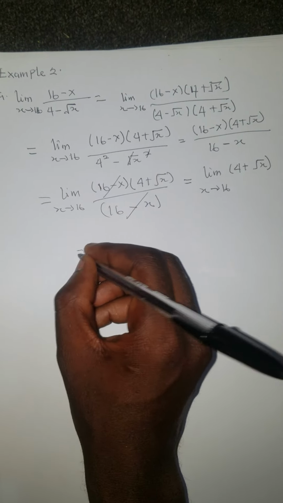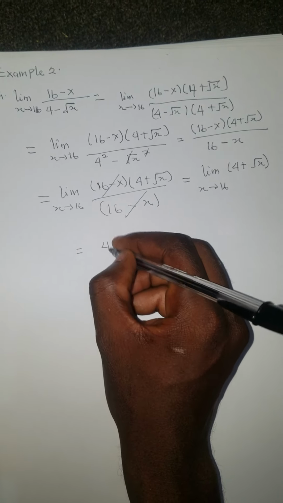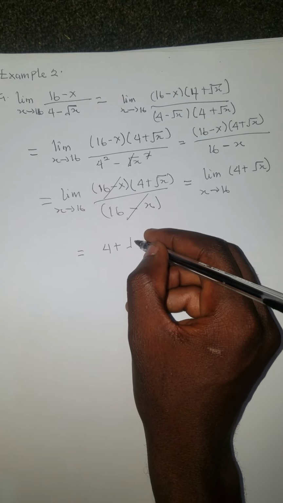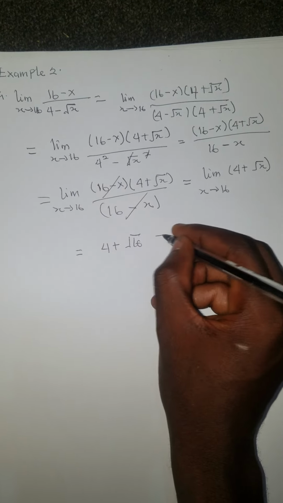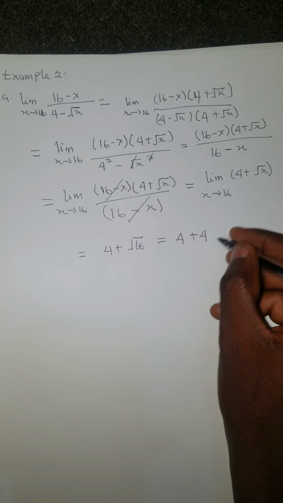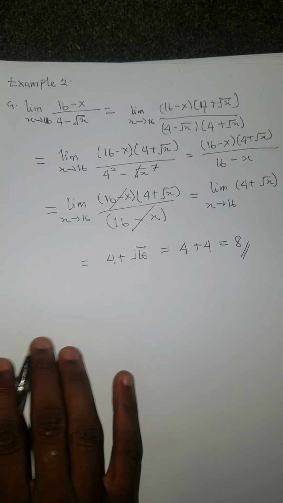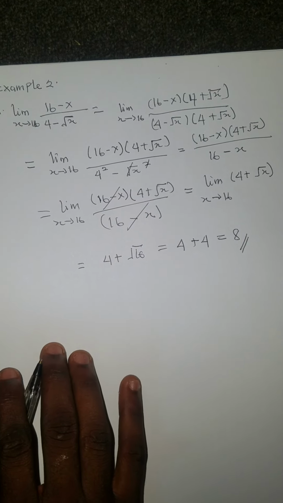So right now we can substitute, and you will have 4 plus root of 16, which equals 4 plus 4, which equals 8, and 8 happens to be our answer.